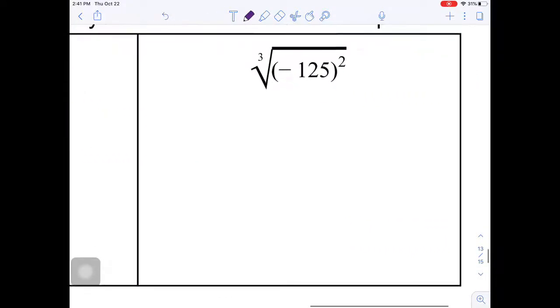And then finally over here, we have the cube root of negative 125 squared. So let's solve this. My cube root will become the denominator in my fractional exponent. So this will be negative 125 to the power of 2 over 3. Now recognize it's really important that we include our brackets here because this is much different.